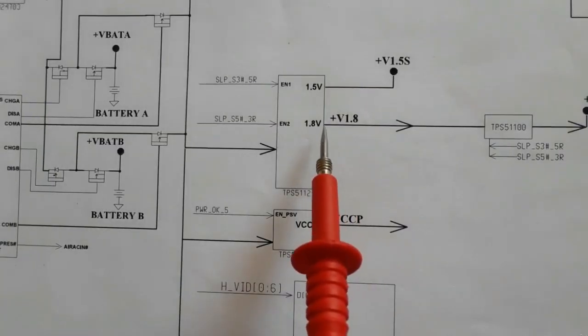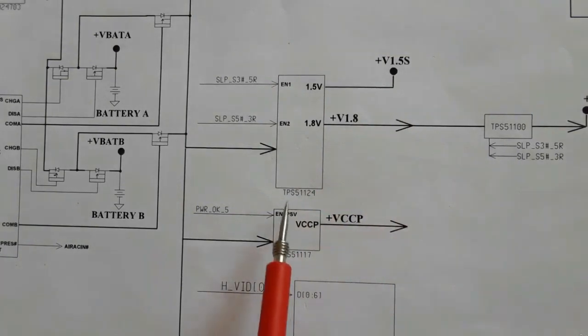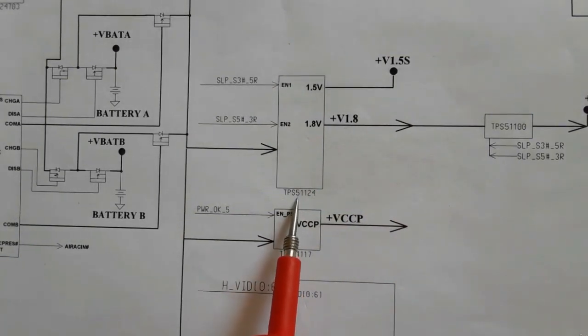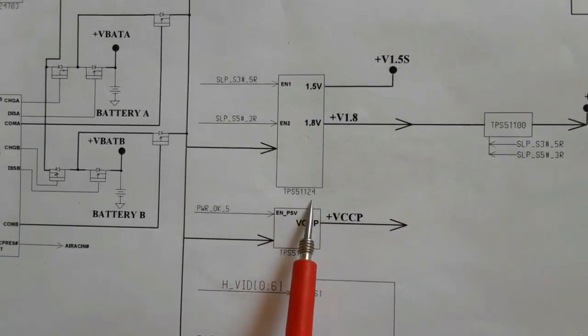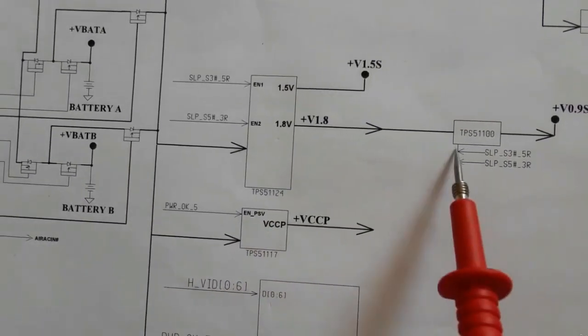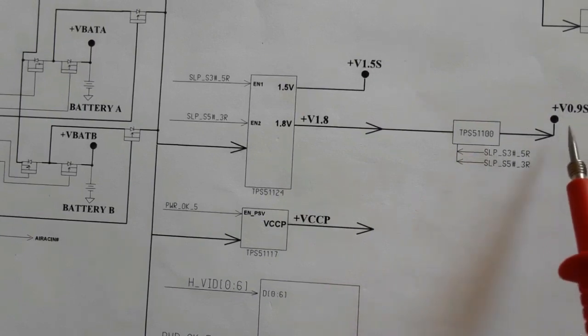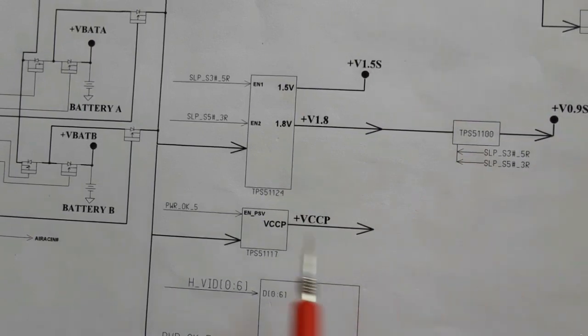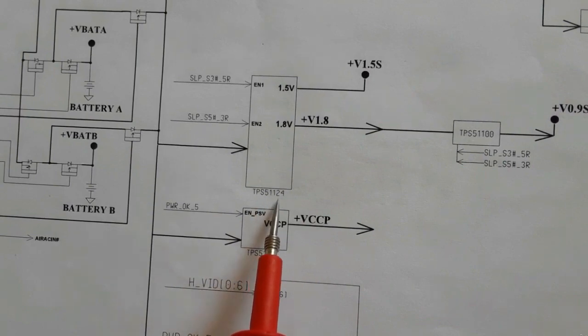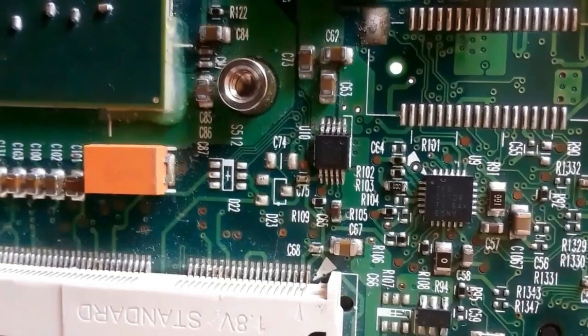Okay, as you can see. Now let's see the power management IC of 1.5 volt and 1.8 volt. This is TPS51124. Okay, so let's see also this IC TPS51100 that is responsible for generating 0.9 volt for the RAM. So we're going to see these two ICs. 51124 and 51100.